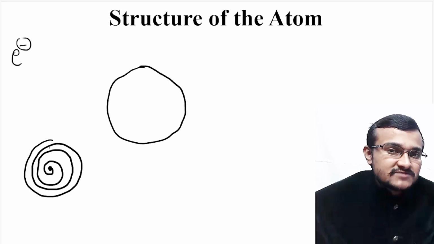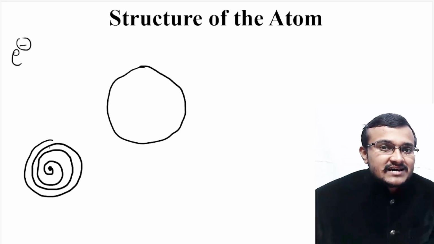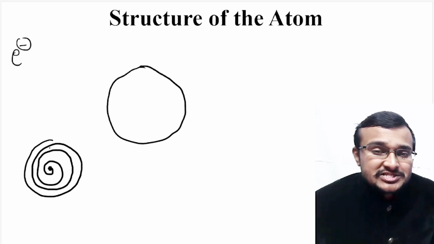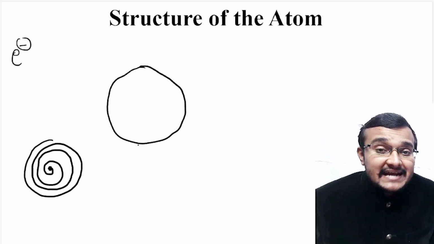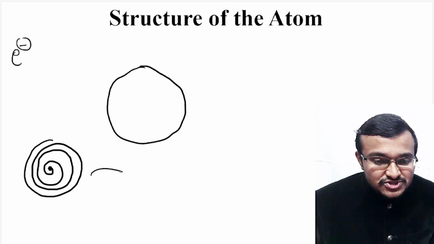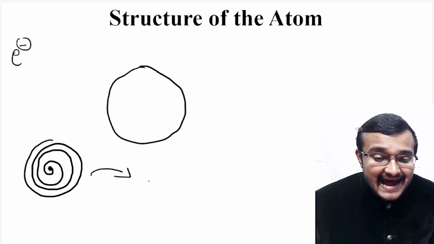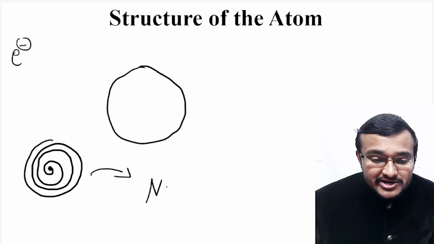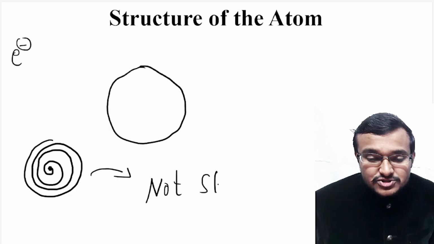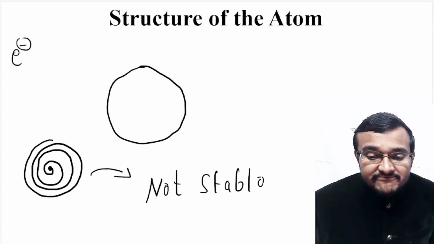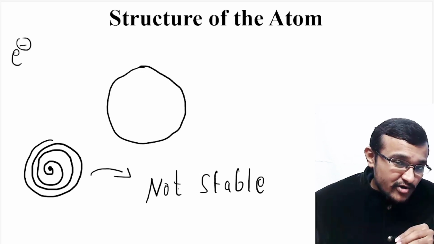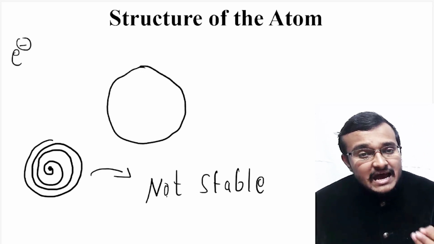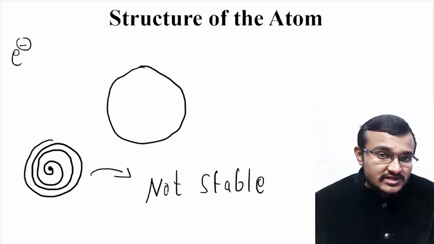If the electron falls inside the nucleus, then there is only positive charge left in the nucleus. At that time, atoms will not be stable. So this shows that atoms are not stable. According to Rutherford's atomic model, if we assume that electrons are revolving in a circular orbit, they have to follow a spiral path and fall inside the nucleus.